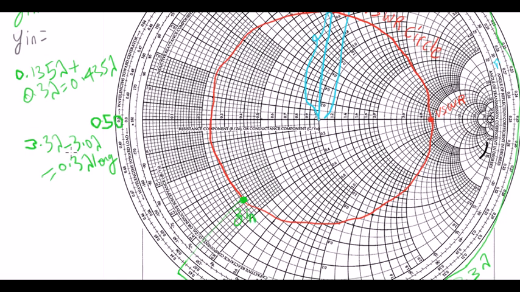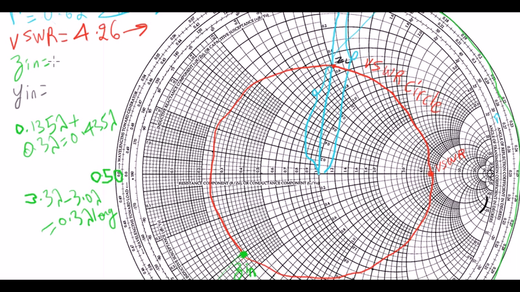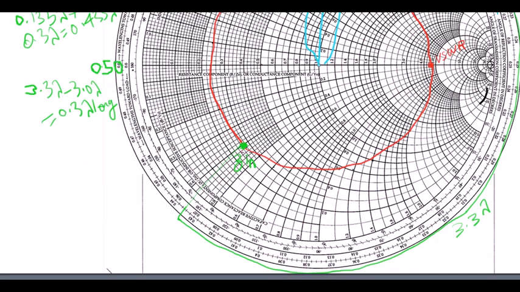Alright, so we can write this down here: 0.24, we got a resistance component, and now we need obviously the reactance component, which is easy to see here.